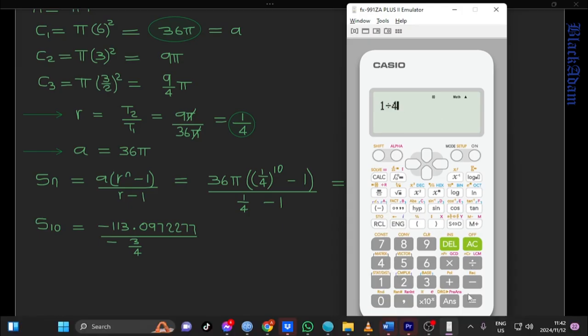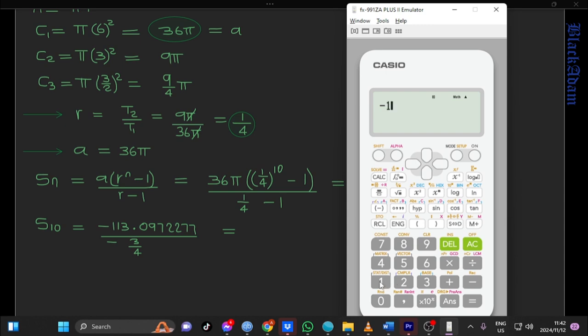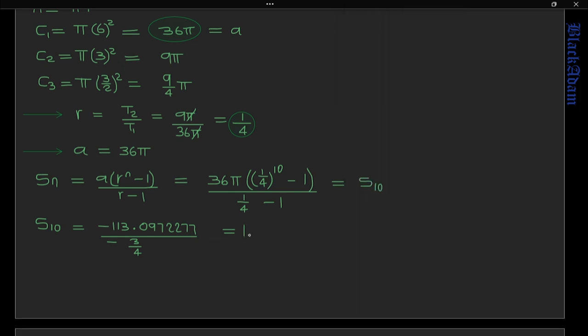So we divide negative 113.0972277 by negative 3/4, that's 150.79, so it's 150.80. So that's the sum, and that's going to be centimeter squared. So that's our answer.